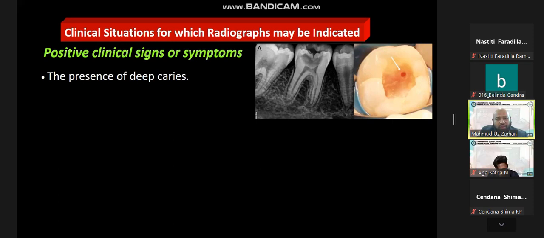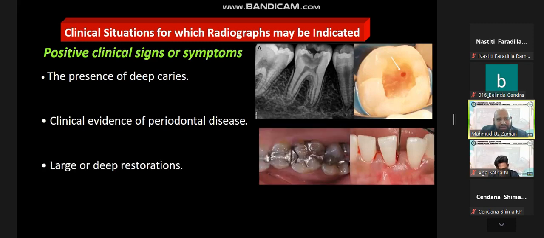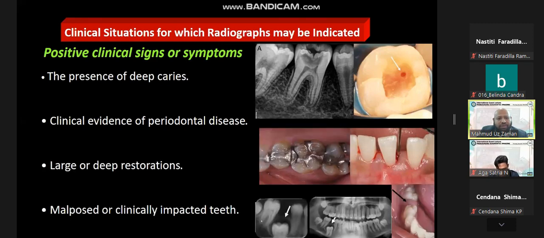So depending upon your need, you will go for radiographs. And for periodontal disease, large or deep restoration, miscellaneous impacted canines or impacted teeth, you will go for the particular site, whatever type of radiograph you have available.